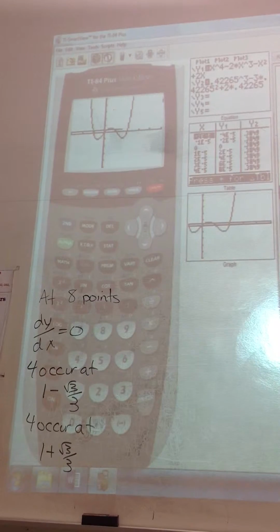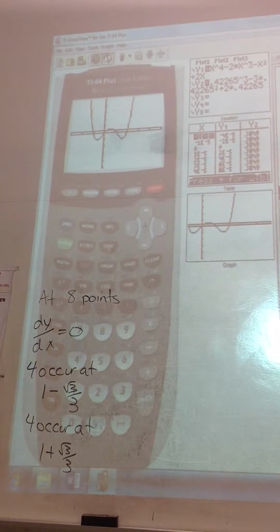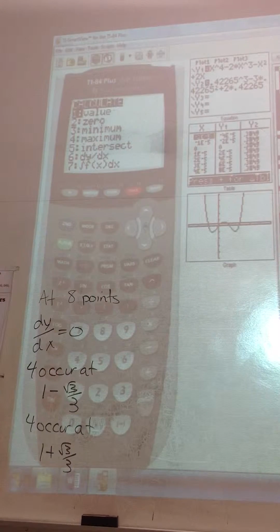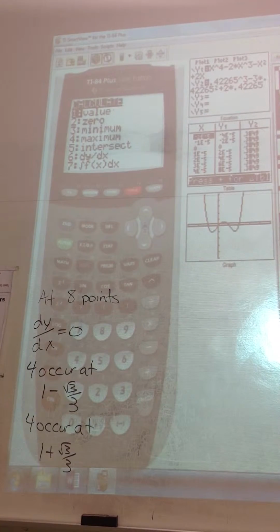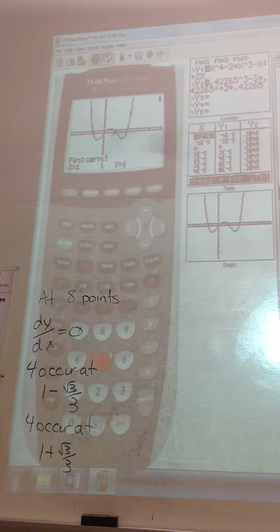So this is one solution, a second solution, a third solution, and a fourth solution. So if I go into trace, one of the programs is intersect, and it'll find intersections between two functions that you have graphed. So I want program number 5, it asks which curve, it automatically goes to the first one that you have typed in.